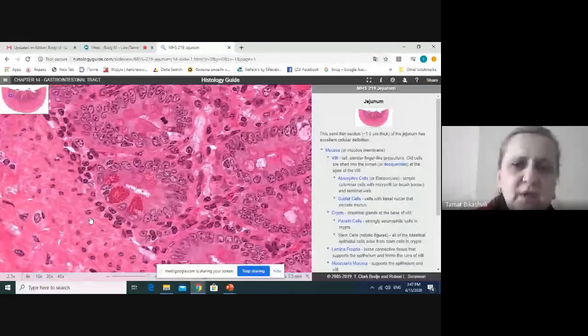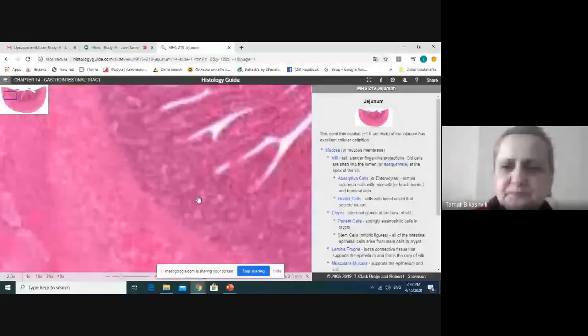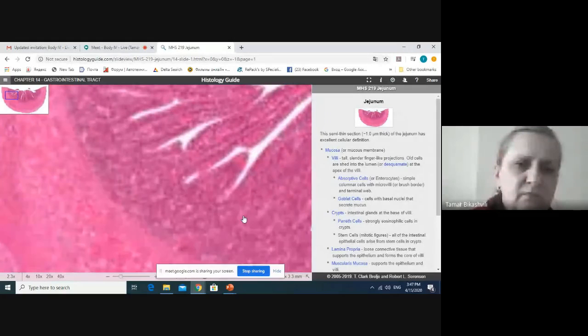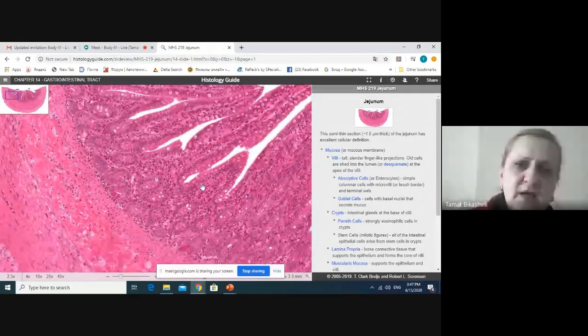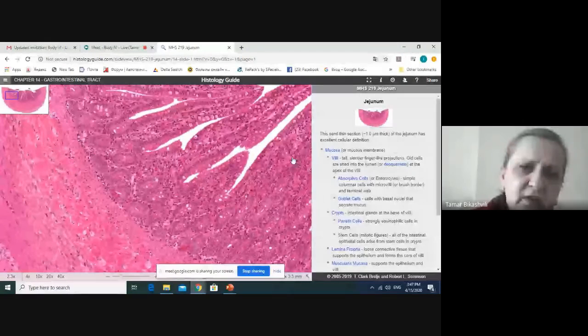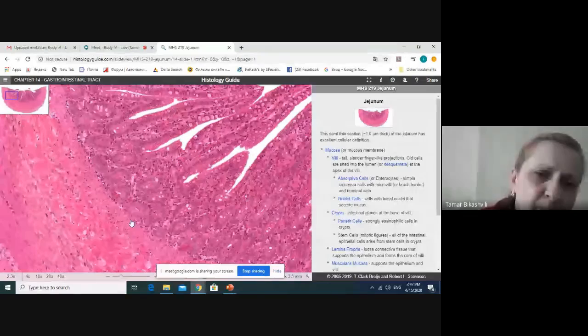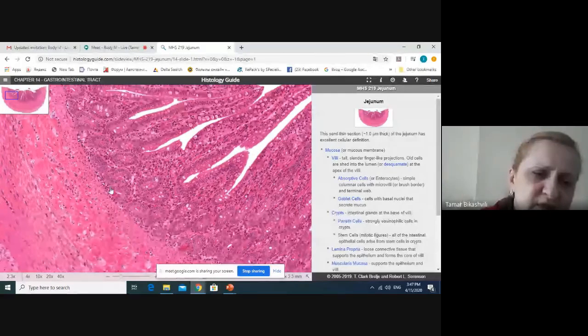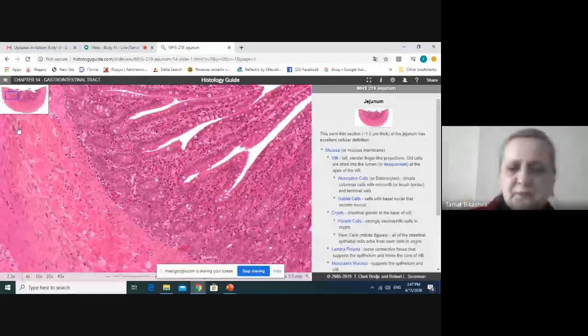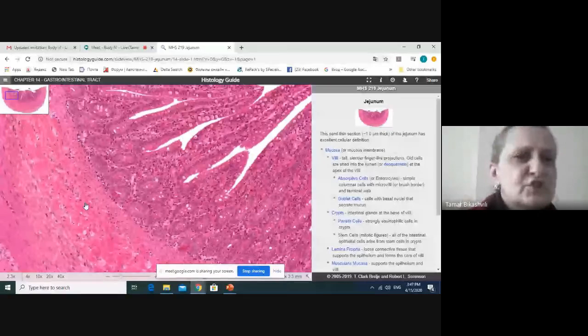Here are the villi, then start the glands, and at the basal part of the glands are located the Paneth cells. Then starts the submucosa. So this is the jejunum.